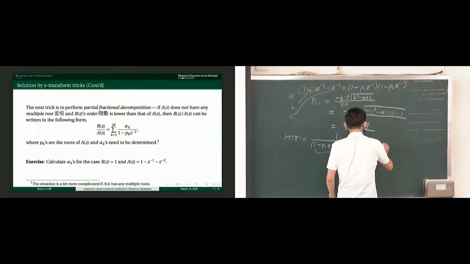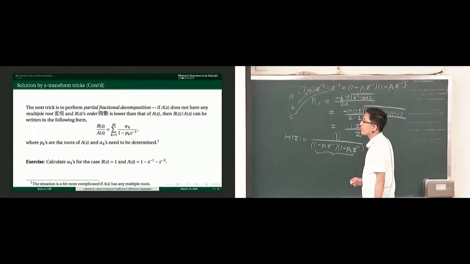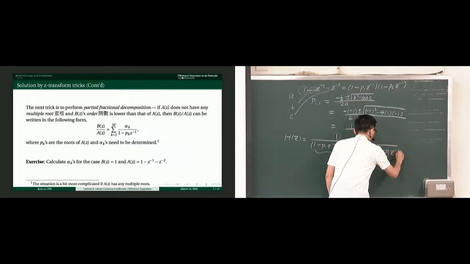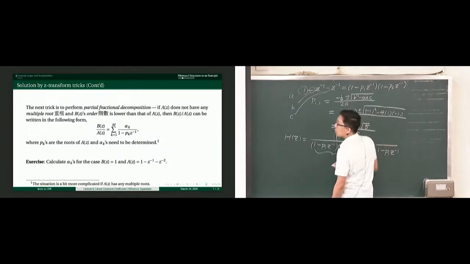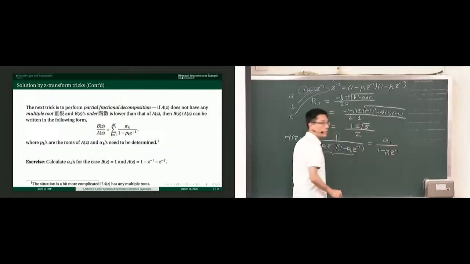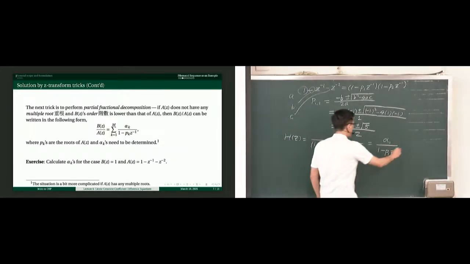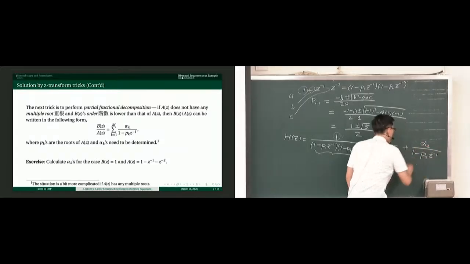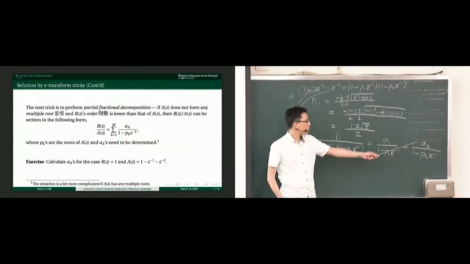You can always perform this fractional decomposition into 1 minus P1 z inverse with a coefficient alpha 1 that has to be determined, and next 1 minus P2 z inverse with a corresponding coefficient alpha 2 to be determined.